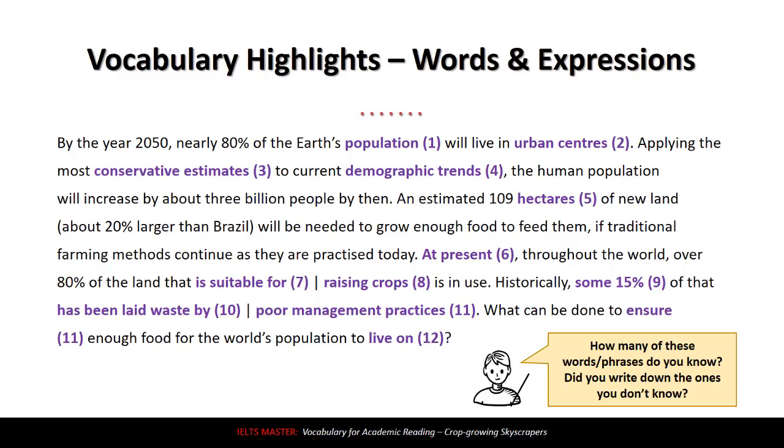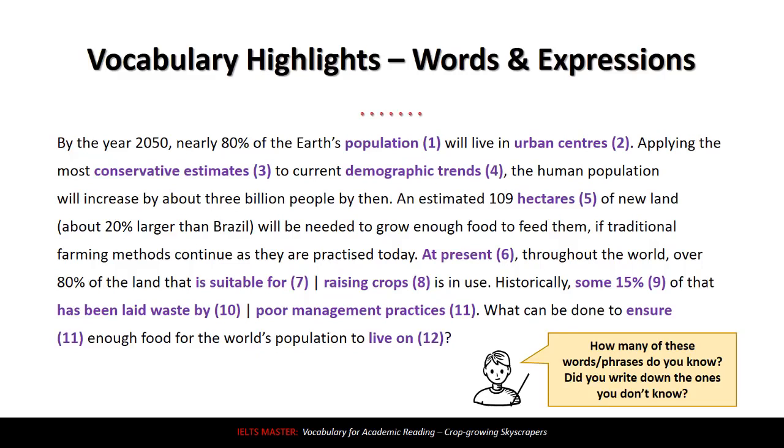In this case, a guess about how much the human population will increase by. And so an estimate is a guess. And conservative. When you have a conservative estimate, it means you're not exaggerating. It's not a big estimate. It's at minimum the smallest possible or the most reasonable. Not a crazy one, but the most reasonable estimate.